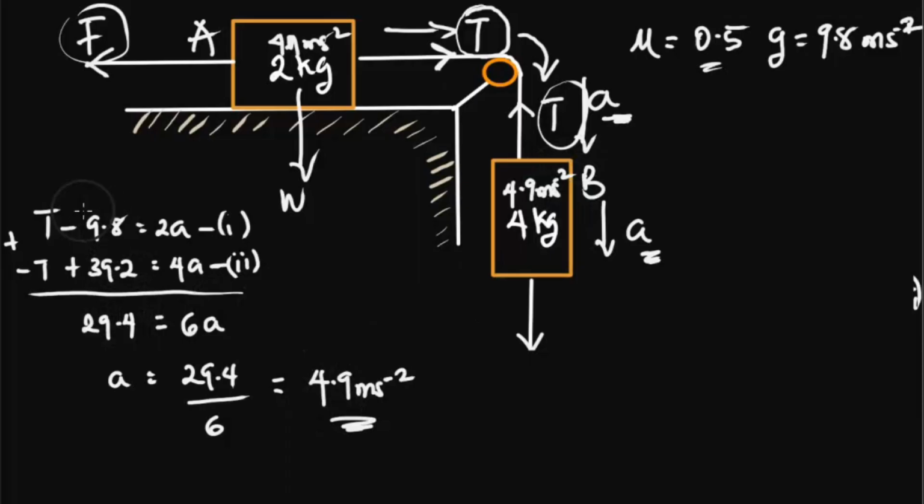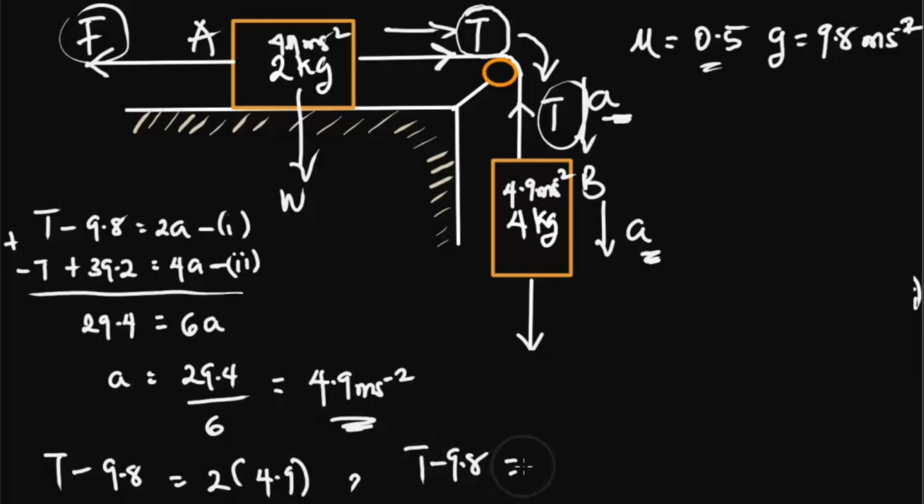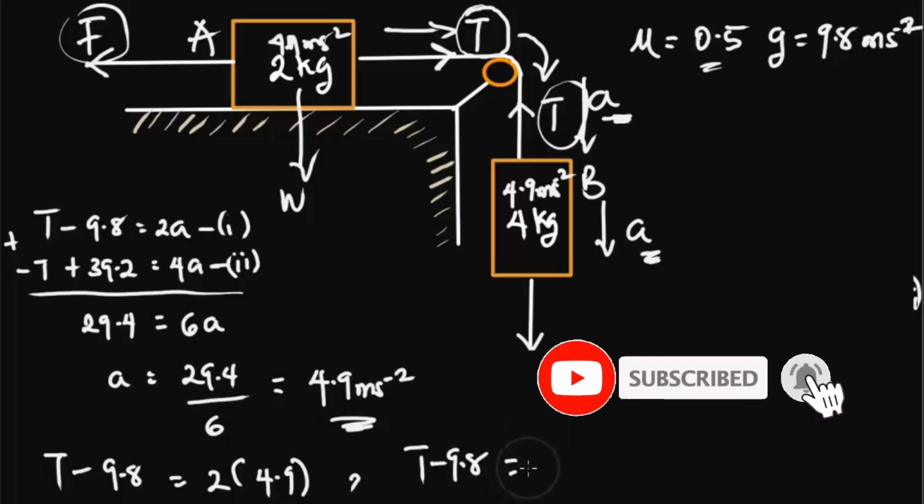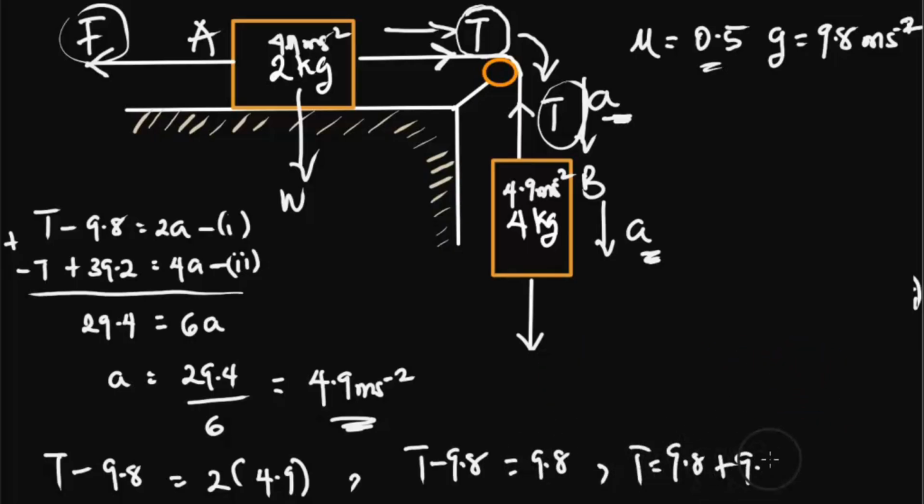And we can also be asked to calculate the tension in the string, and so we can simply substitute A into the equation, and we have T minus 9.8 equals 2 multiplied by 4.9, which is 9.8. And so T equals 9.8 plus 9.8, and that gives us 19.6 Newton. And that is it, guys.